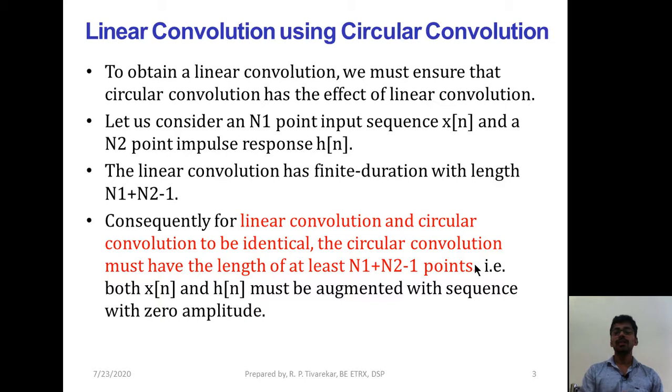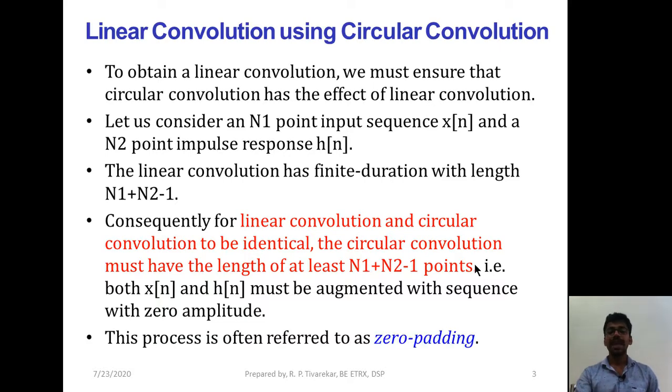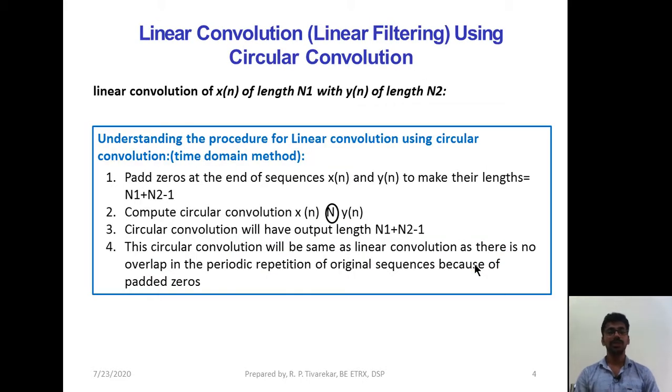That is, both sequences x(n) and h(n) must be augmented with a sequence of 0 amplitudes, and that procedure is generally referred to as zero padding. So we will first perform zero padding and then perform the circular convolution. The result will be the same as linear convolution. So here is the procedure.